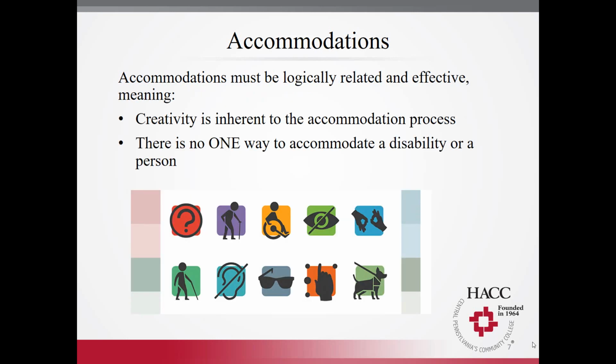The laws require that the accommodations be logically related to the student's functional limitations. Student Access Services does this by creating effective accommodations that are individualized to the student's needs. Creativity is essential to the accommodation process. The process is a collaboration between the student, the professor, and Student Access Services.